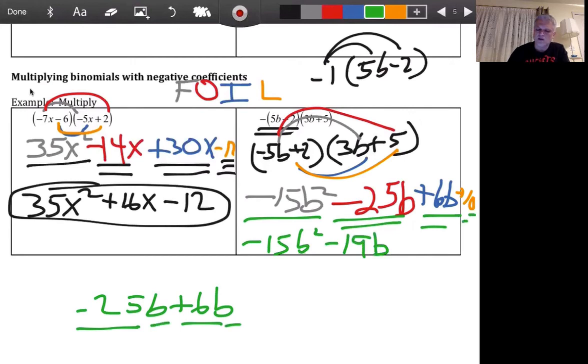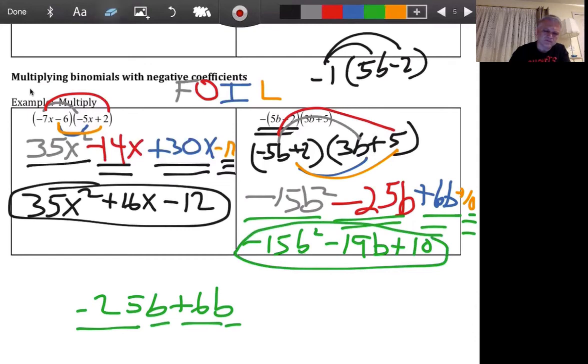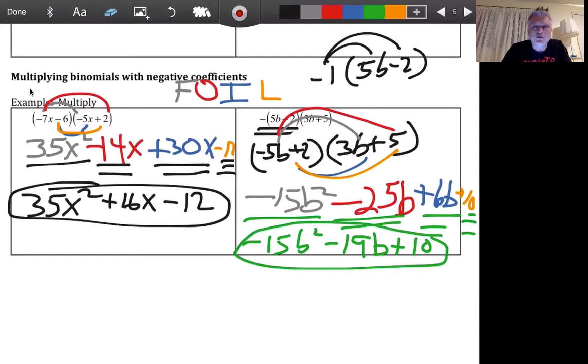Okay, and then you bring down your plus 10 for your final answer. Make sure you do your practices on these. All these take is practice and repetition. If you get in the habit of doing these right, then you won't make the careless mistakes on your test.